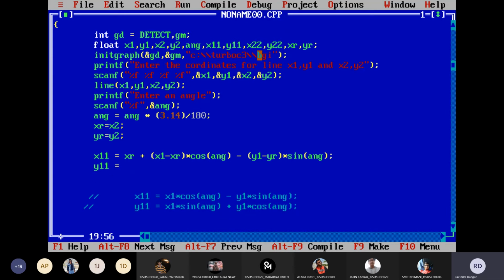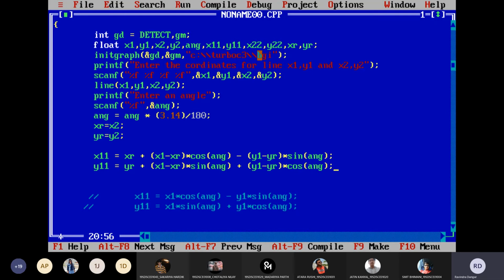That's it. And same thing you can do for y11, which is yr plus (x minus xr) into sine angle plus (y minus yr) into cos angle. Are you getting this?